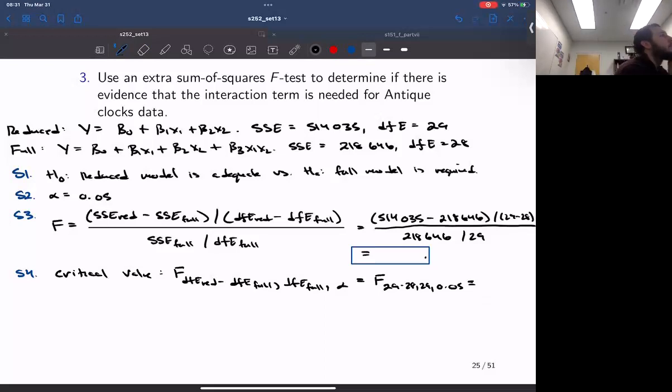Yeah, that's the full. Okay. And then this is 28. There we go. Equals. Okay.